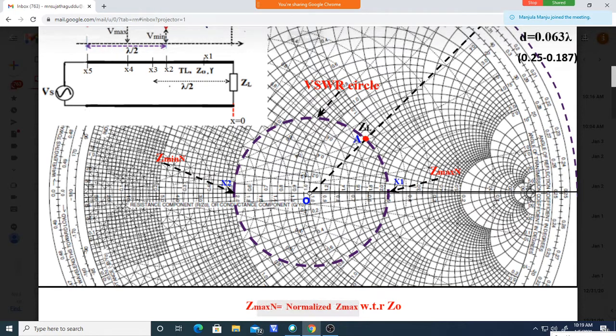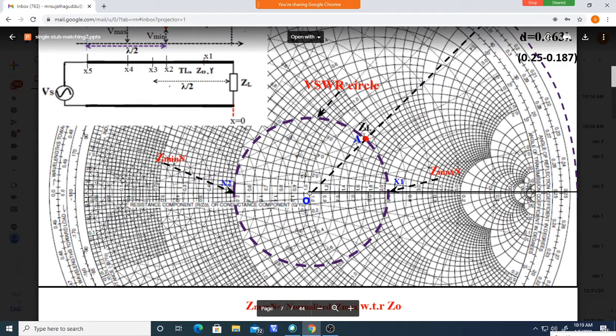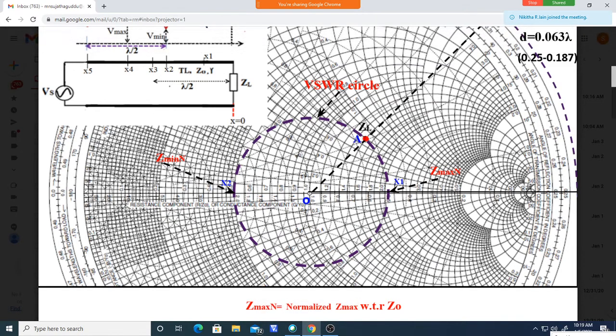For example, there may be a question like this: find a distance from the load at which the real part of the impedance is 1 or the real part of the admittance is equal to 1.